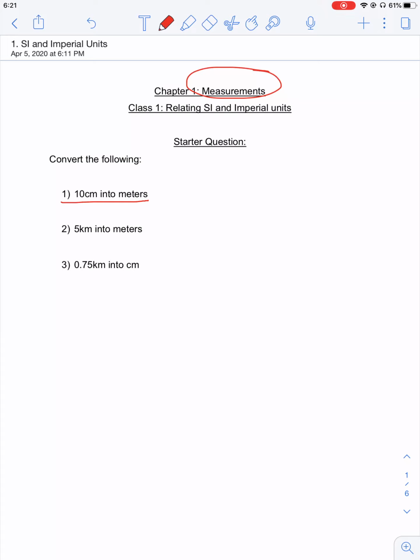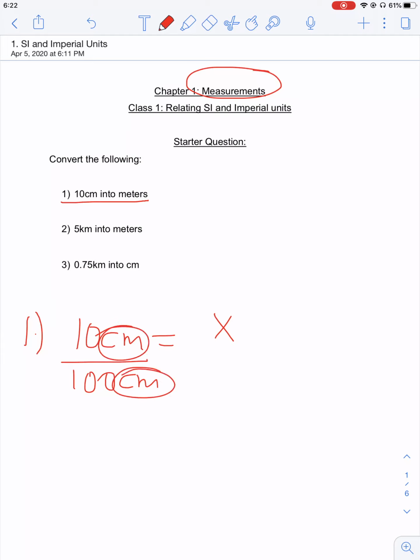So, again, there's many ways of doing the first question. If I'm not mistaken, maybe in grade 9, the method that they showed you was cross multiplication, right? So I want to know what 10 centimeters is equal to in meters, right? So I want to know how much is it in meters, but then you have to find the ratio, right? You know that 100 centimeters, right? I want my units to match, right? So because I have centimeters on top, I'm going to have centimeters at the bottom, right?